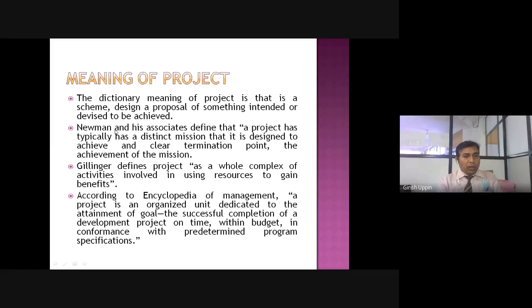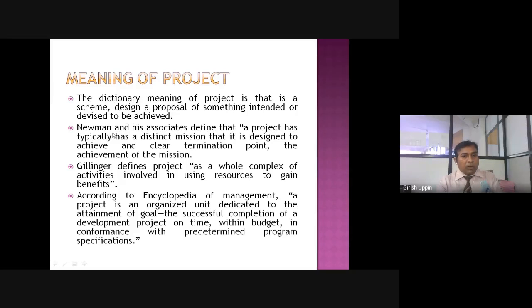Newman and his associate define that a project typically has a distinct mission that it is designed to achieve, and a clear termination point, the achievement of the mission.